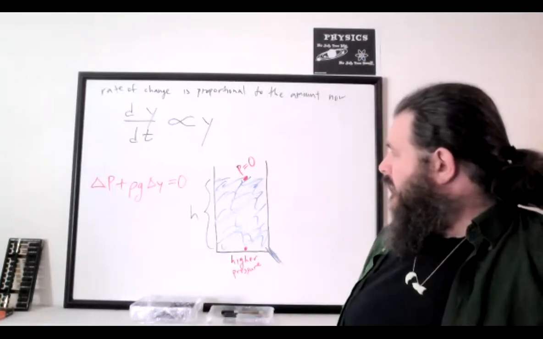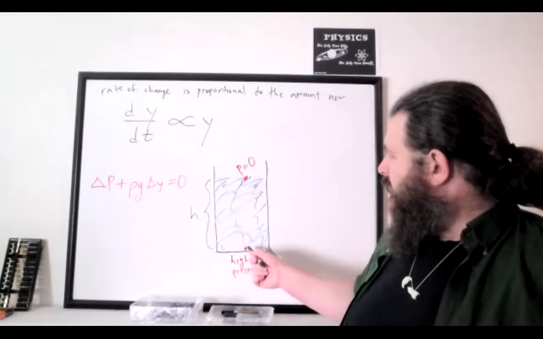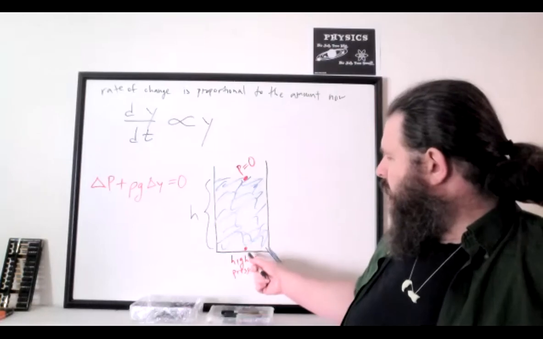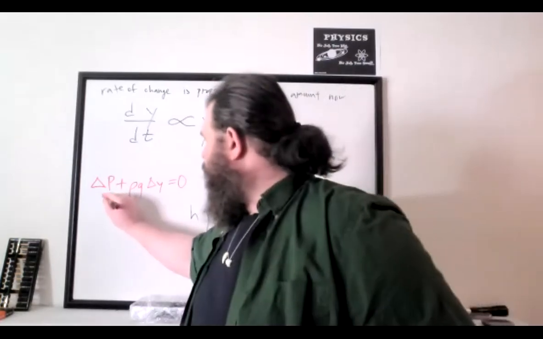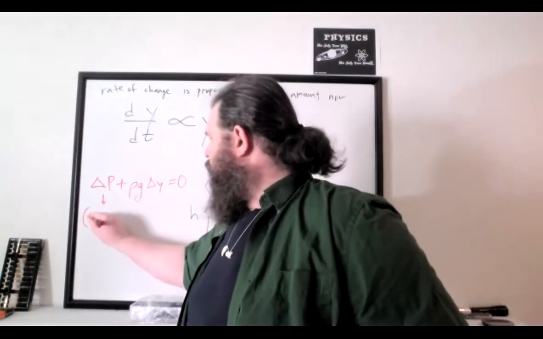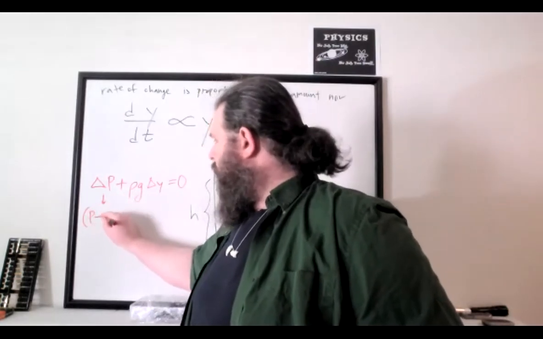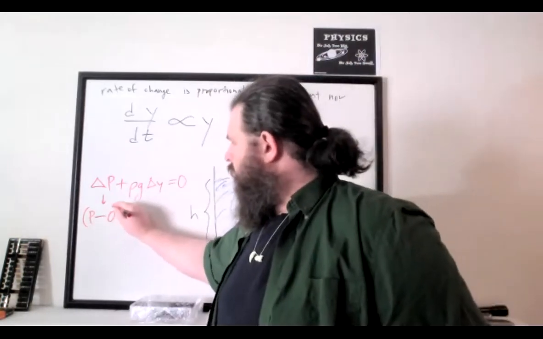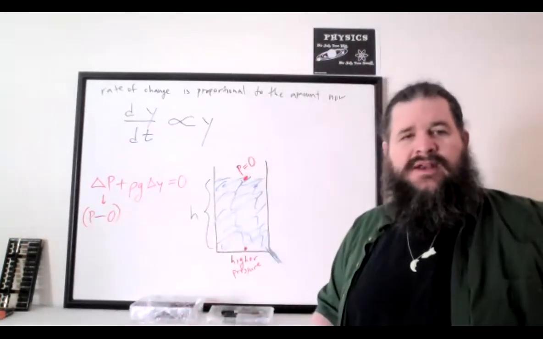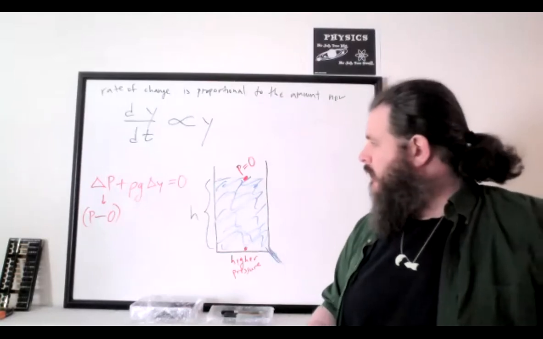So that means our delta pressure is going to be, let's say we're going from bottom minus top. So the high pressure minus 0, because if we're talking about gauge pressure, we can treat atmospheric pressure as 0.